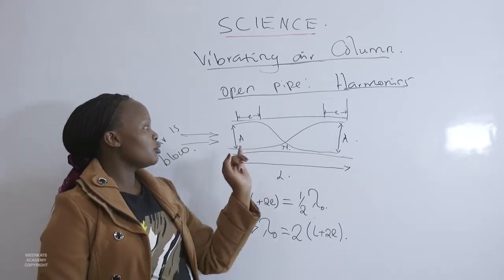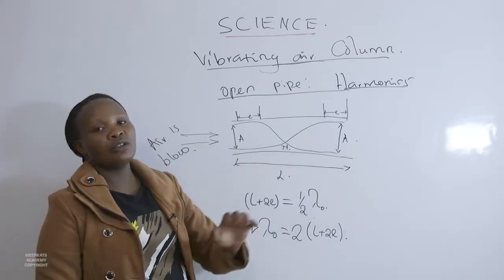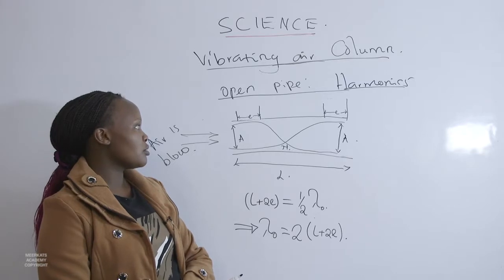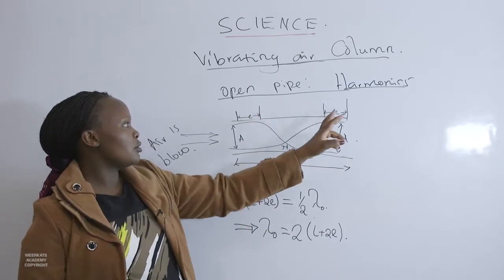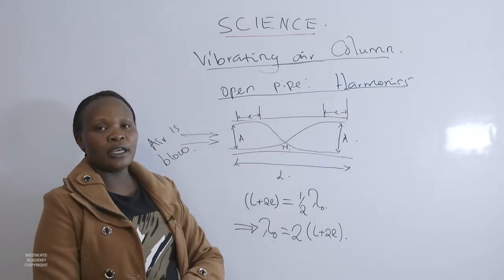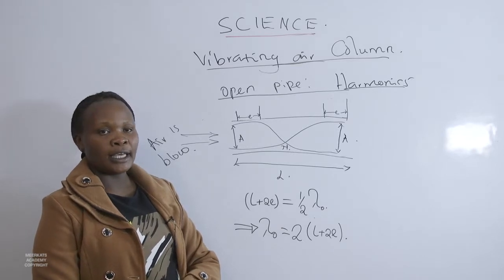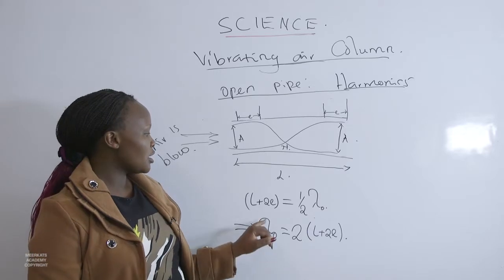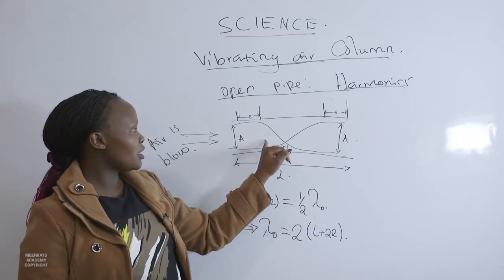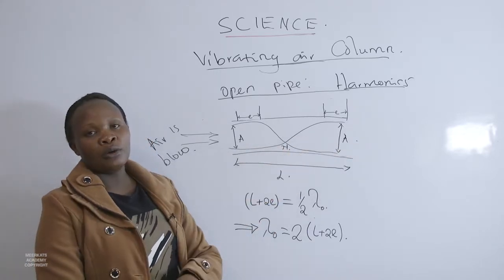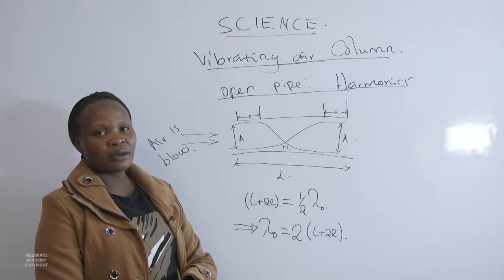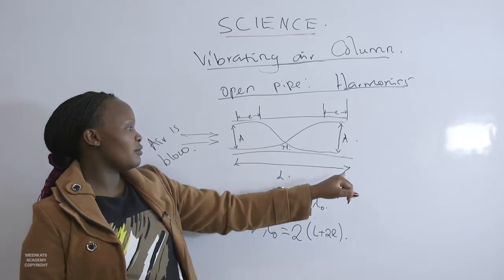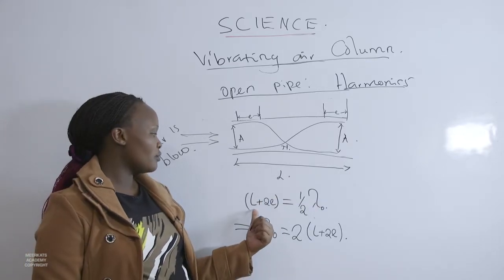But we are not sure that the antinodes are actually formed at the end of the pipe.